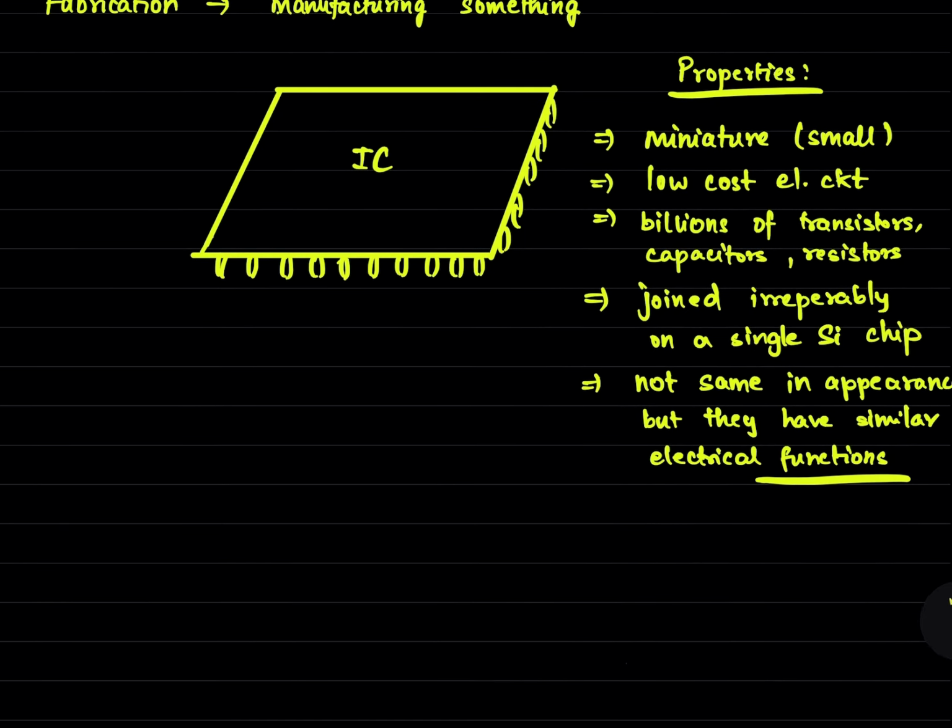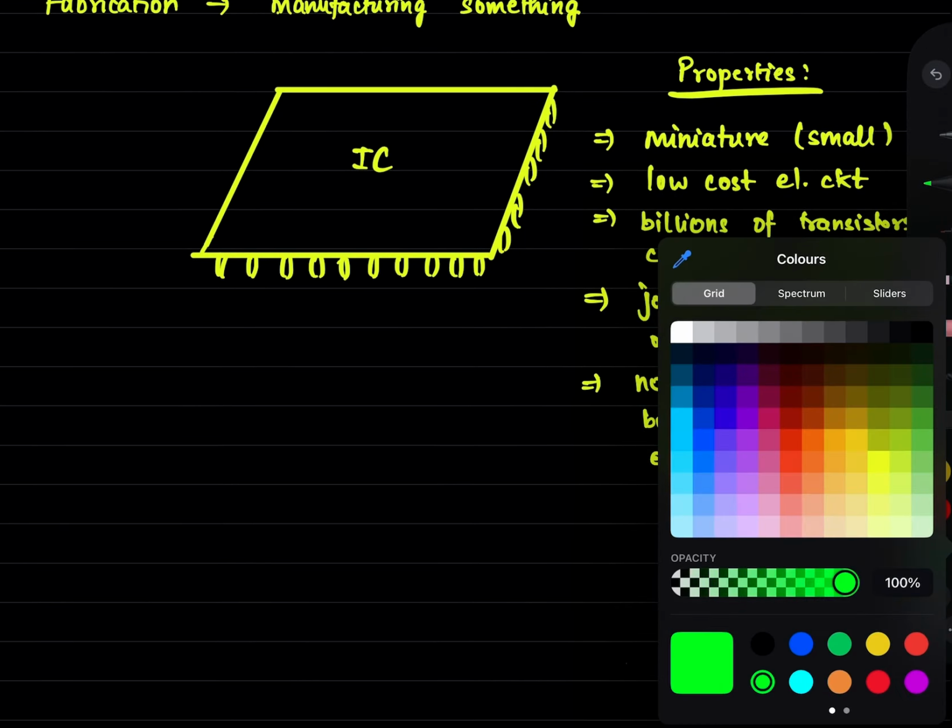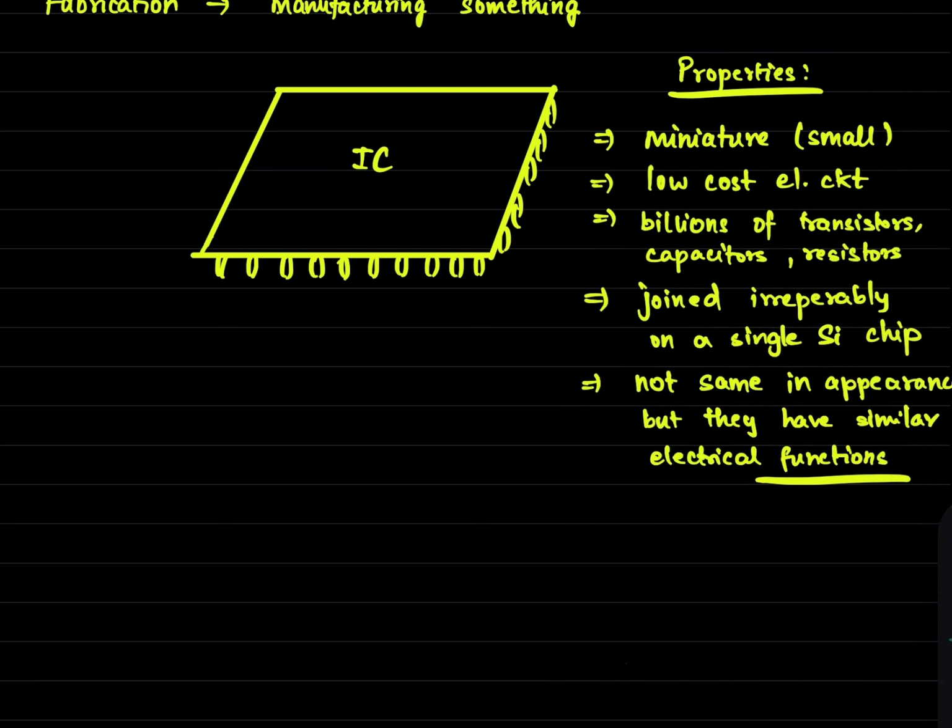So in this chapter, we are going to be looking at certain fabrication processes which are used in manufacturing these ICs. The question is, there are billions of transistors, capacitors and resistors. How did they put all these billions of transistors inside the IC? What is the process of manufacturing an IC?